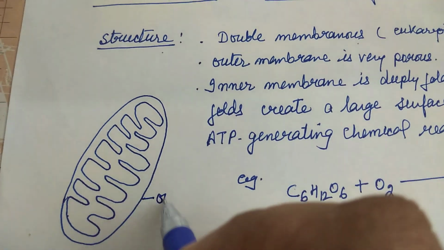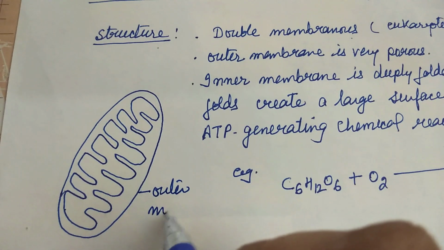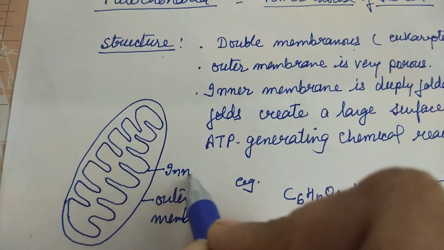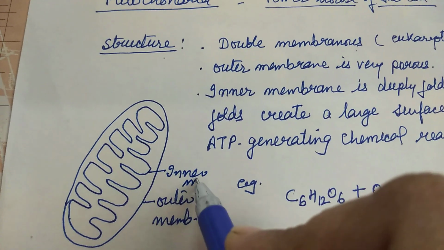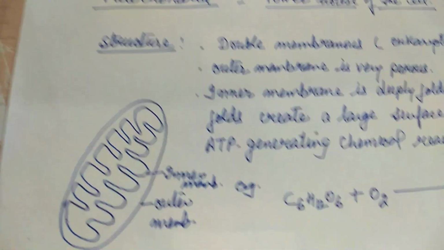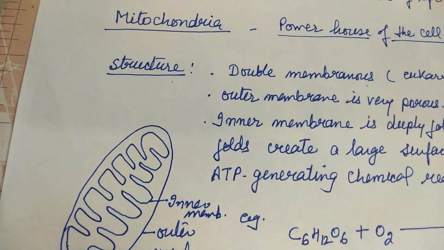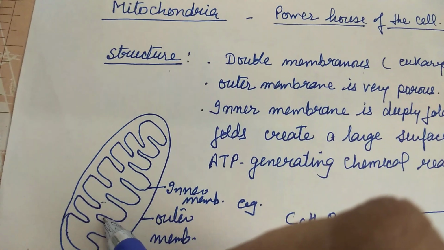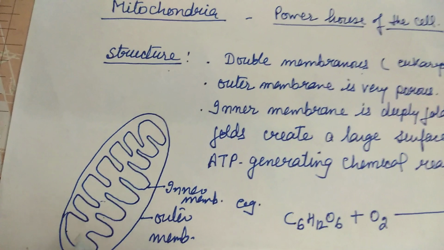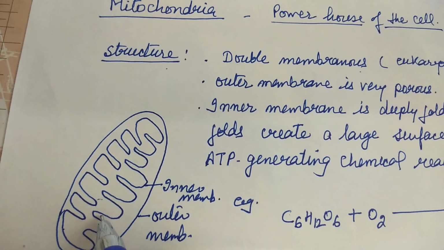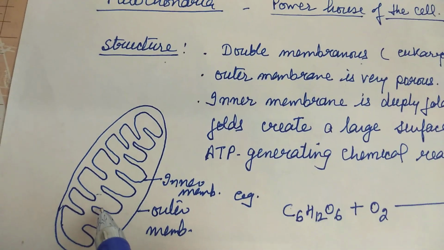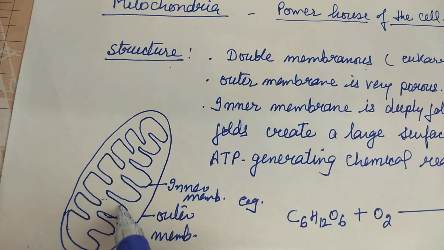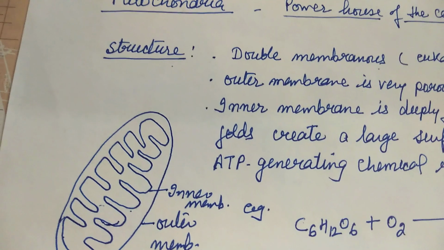This is the outer membrane and this is the inner membrane. So it is a double membranous structure. And in this inner membrane, the chemical reaction through which ATP is generated occurs.